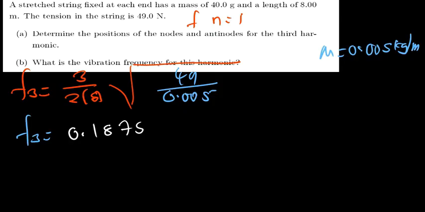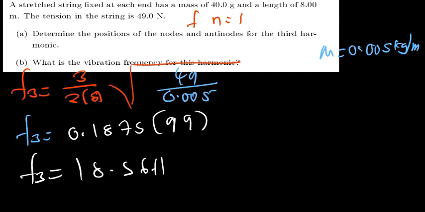Okay, so the answer I'm getting is 99, I do times 0.1875. So I'm getting 18.56 hertz. So my calculator is having issues. Let me just turn it off and then turn it on again.